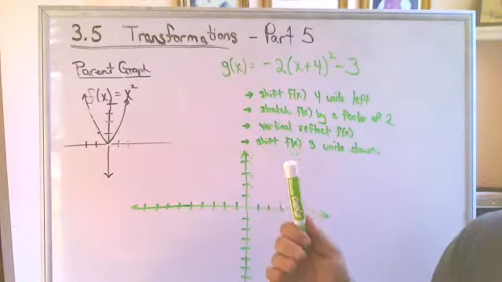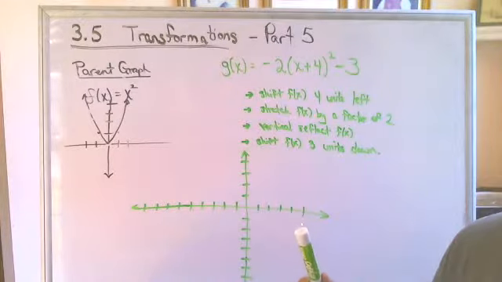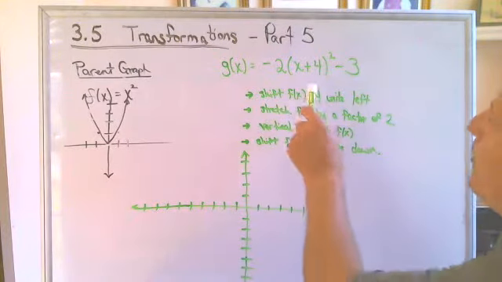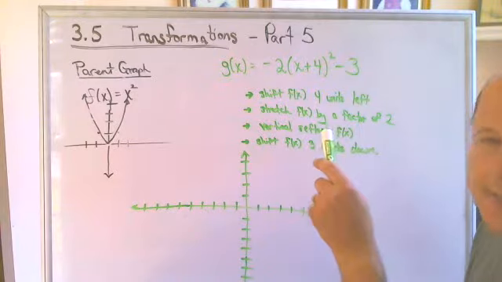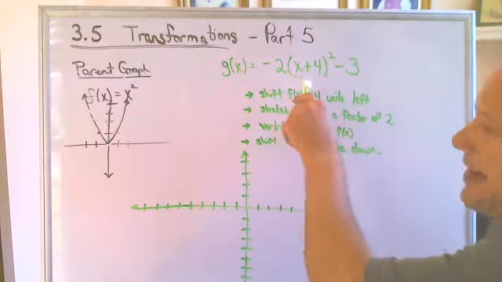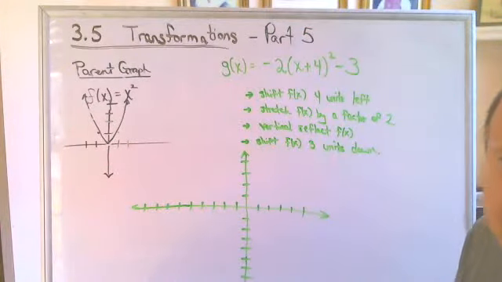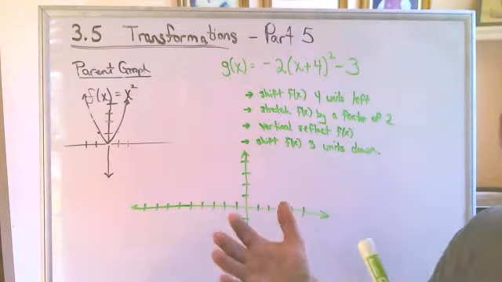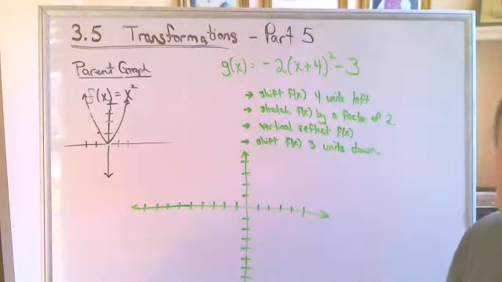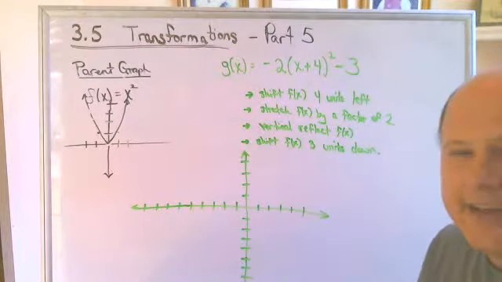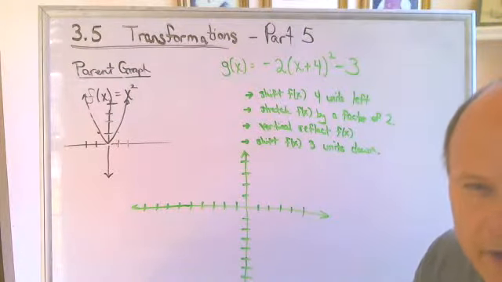It's kind of like working your way outside of a parentheses, like order of operations. You do horizontal shifts first because they're inside the parentheses, and then you do the 2 next because it's the next thing outside the parentheses, and then you do the negative. And then the minus 3 is the last thing you do. Now, is it guaranteed you're going to get it wrong if you don't? Not necessarily.